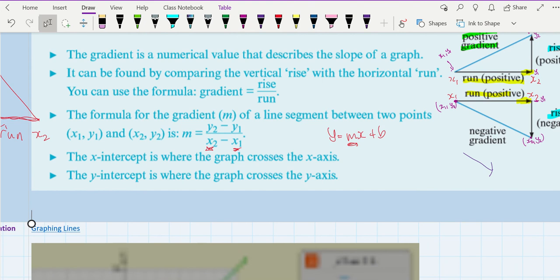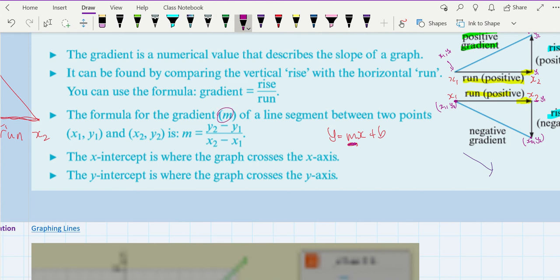Okay, now the formula for the gradient in a line segment between 2 points is when we look at two coordinates, so x1, y1 and x2, y2, we just say the gradient, or m, in our linear equation is y2 take y1 over x2 take x1.